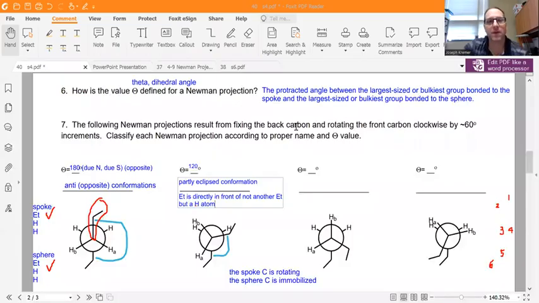Because an ethyl is directly in front not of another ethyl, but of a hydrogen atom. That's what we mean by partly eclipsed. The partly eclipsed conformation: ethyl is directly in front of not another ethyl group, but a hydrogen atom.